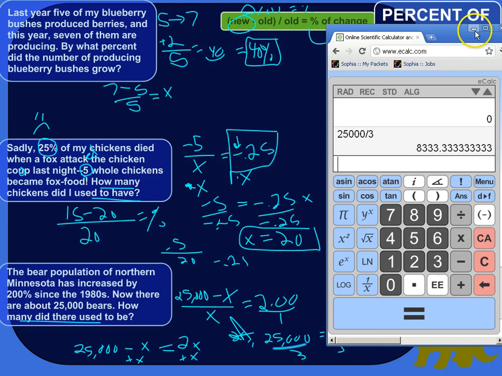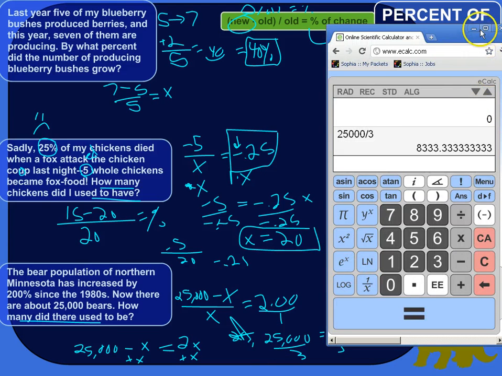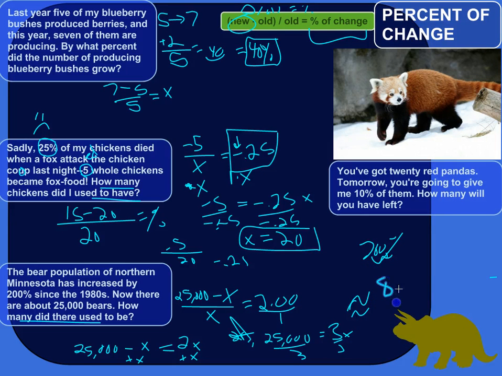So approximately 8,333. Okay, so that's a positive increase there. So yeah, they were less than 10,000 a while ago. Now it's up to 25,000. So that's good. All right.